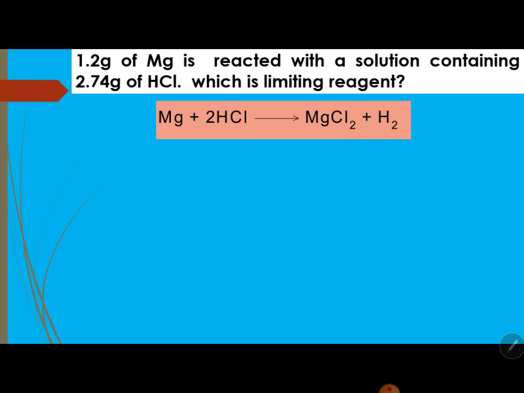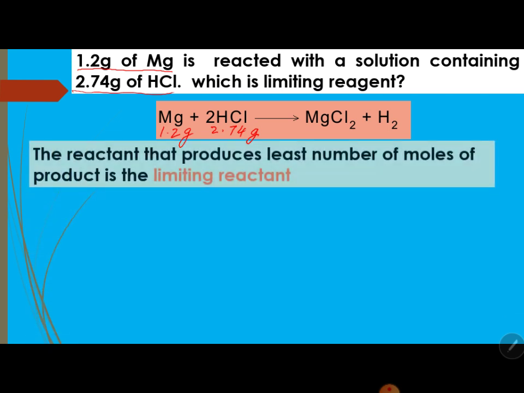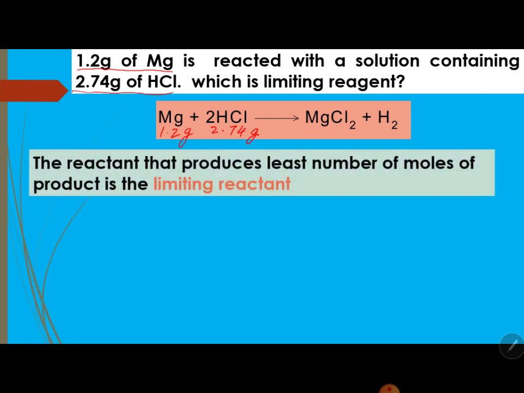In the question, you are told that the reaction was started with 1.2 grams of magnesium and 2.74 grams of HCl, and you are asked to identify the limiting reagent. According to the definition, the reactant that produces the least number of moles of the product is the limiting reactant.